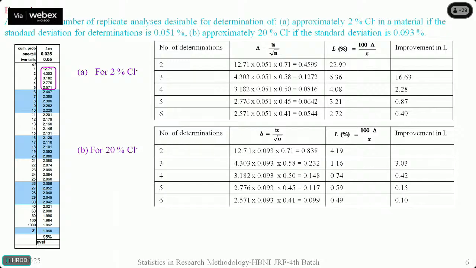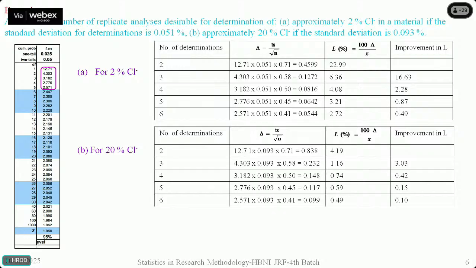So if you want to improve or qualify your data, focus on that level where there is scope for improvement rather than the 20% of chlorine. By increasing the number of measurements, you are not gaining much.